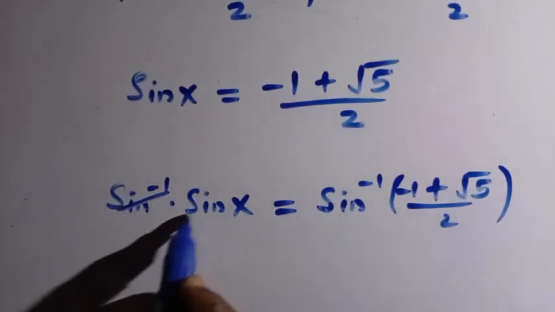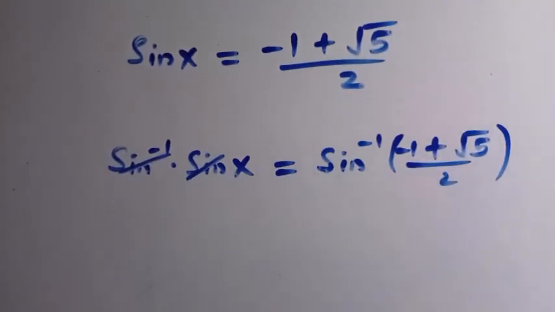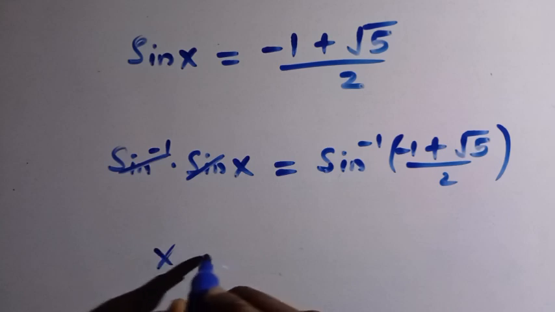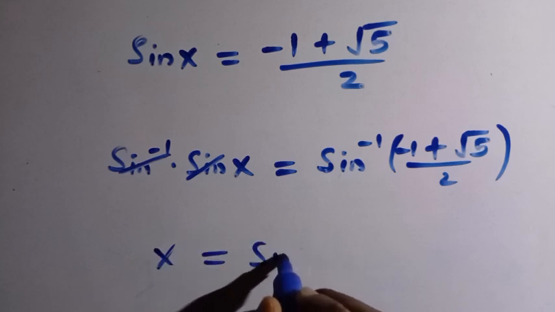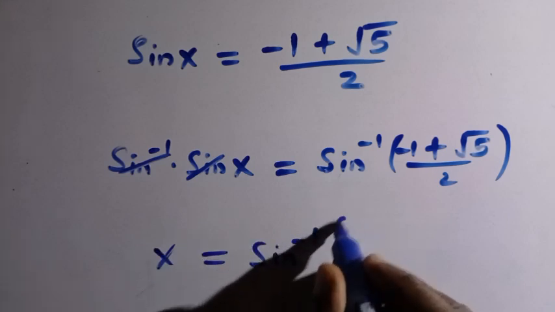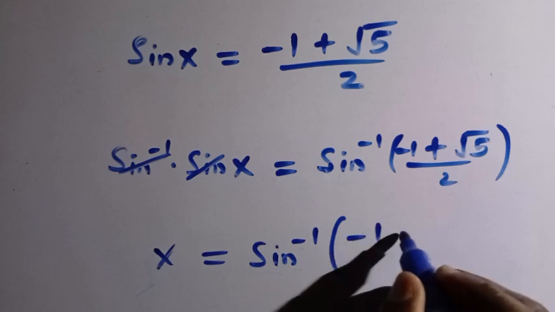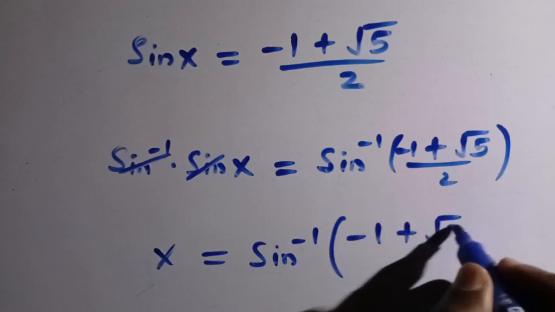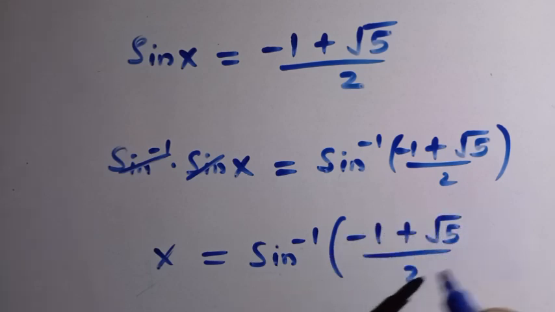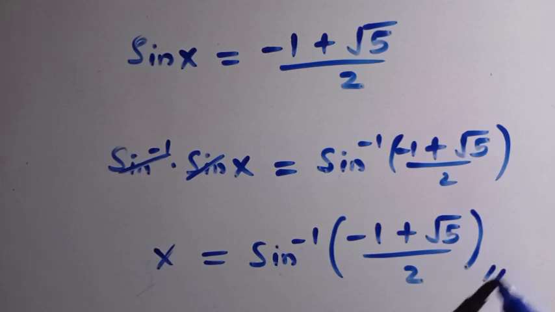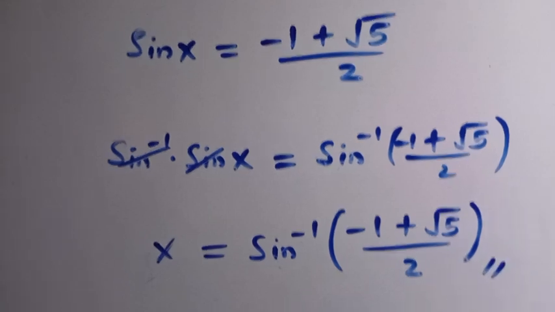When sine and sine inverse cancel, what we have here becomes x equals sine inverse of minus 1 plus square root of 5 divided by 2. And this is our first answer to this problem.